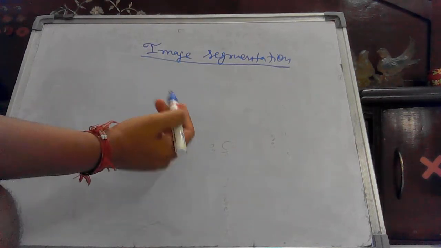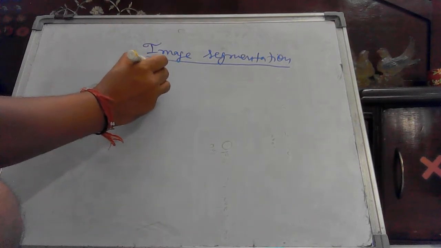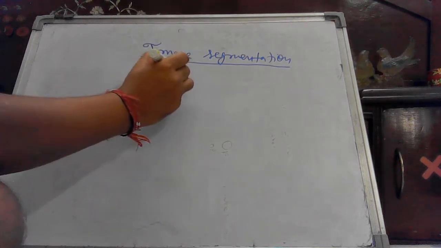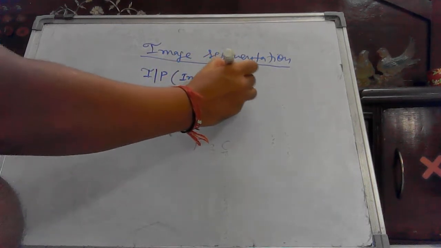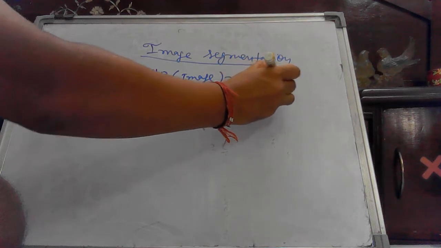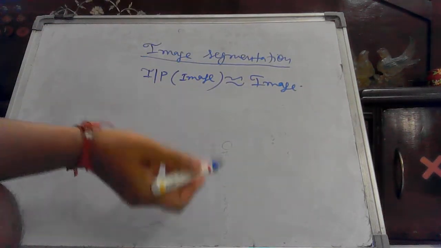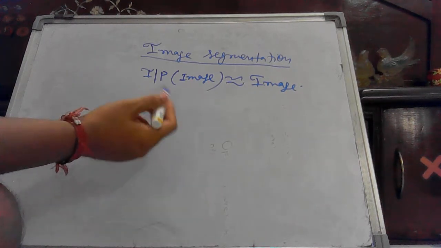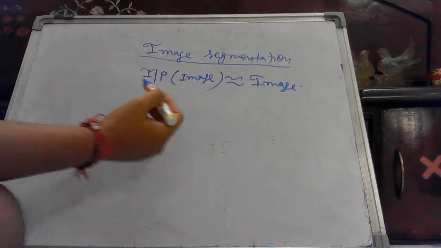In image segmentation, normally you have an input. Till now we have seen input as an image, and output also we normally get as an image, whether for image enhancement techniques in spatial domain or frequency domain, or restoration because of degradation of the image.